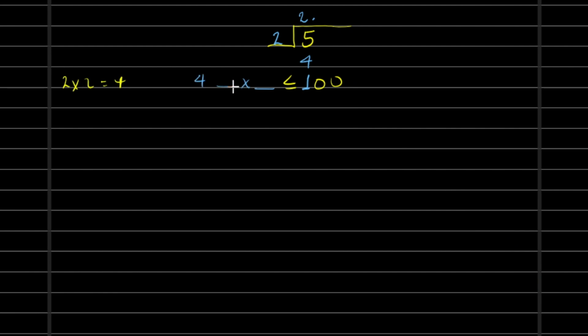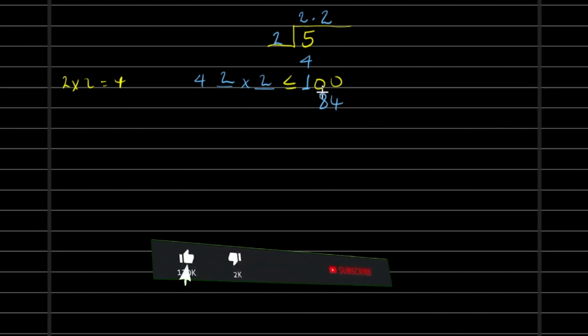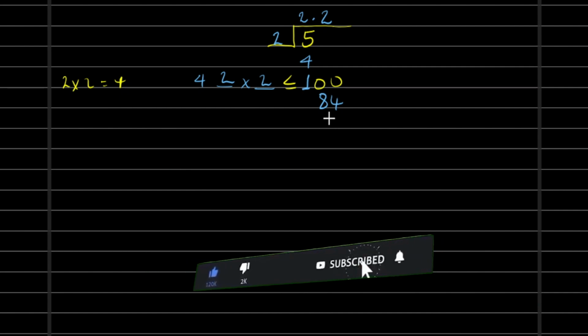We must find a number by inserting the second digit here and multiplying by this digit again, but this number must be less than or equal to 100. So this number is 2. If we insert 3 here, 43 times 3 becomes more than 100. So 42 times 2 is 84. The first digit is 2. Then subtract 84 from 100, we get 16.